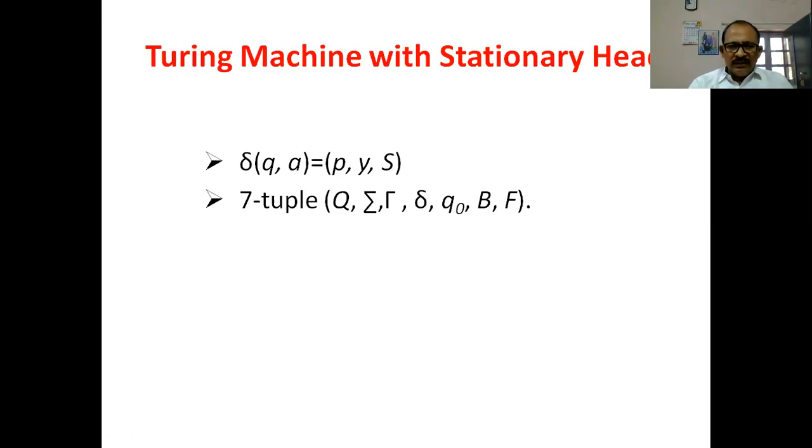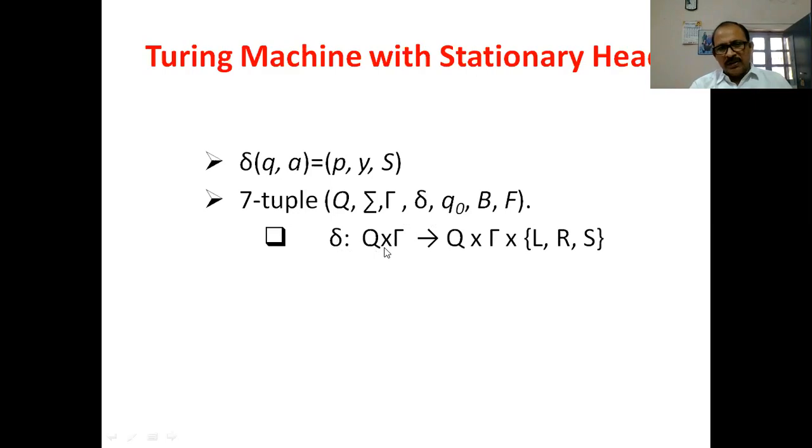The only difference is in the transition function. Here you can see the transition function maps from Q cross sigma to Q cross sigma cross {L, R, S}. You know the meaning of the S.